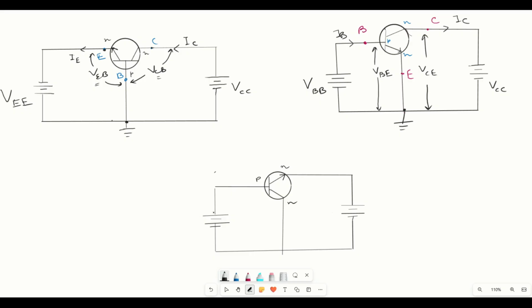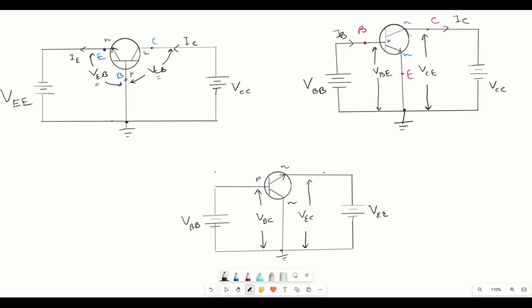So we have input as VBB since it is base, and output is VEE. And this is ground. Common point is ground. So now this voltage will be VBC, and this voltage is VEC.